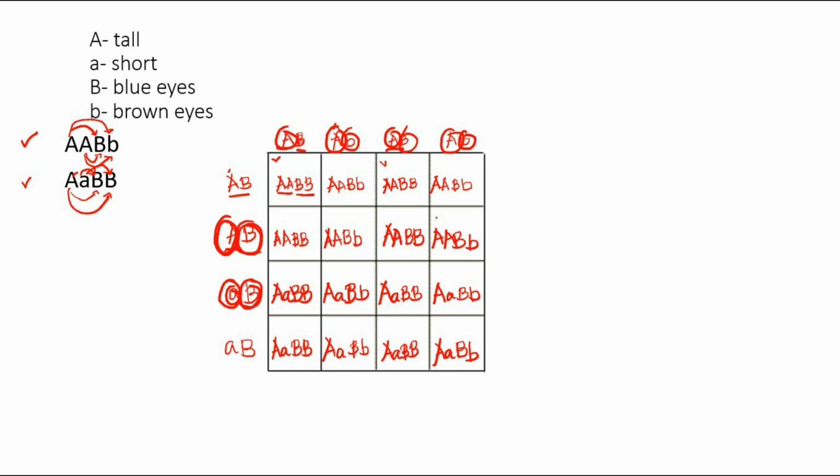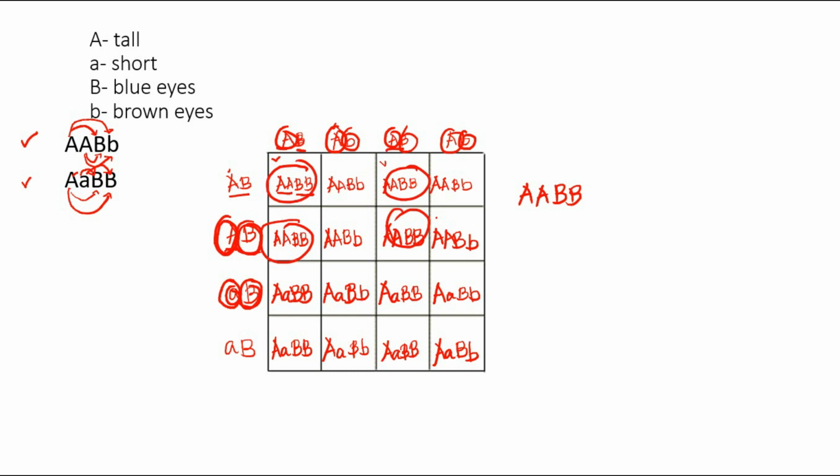Now we are going to get the number of these combinations. So first, let's focus on the first box. You will have A, B, B. So you're going to count the number of boxes with this kind of combination. So you have 1, 2, 3, 4, and okay, we're done.